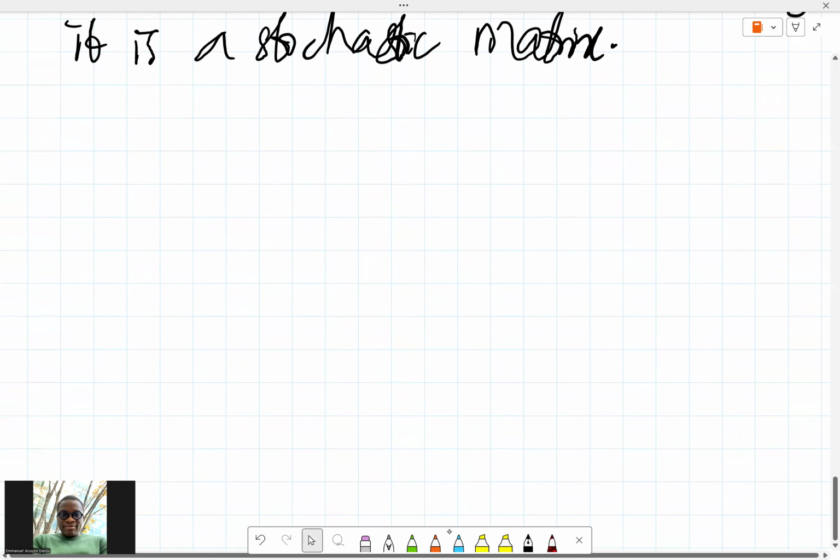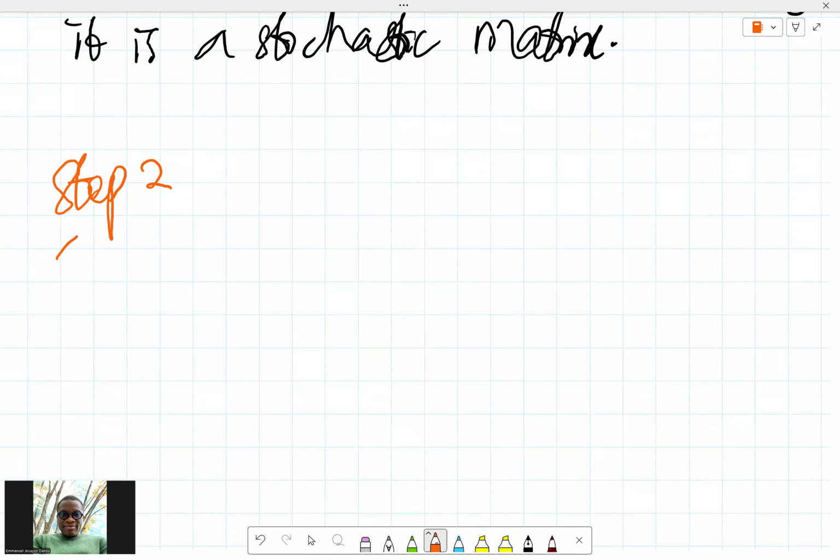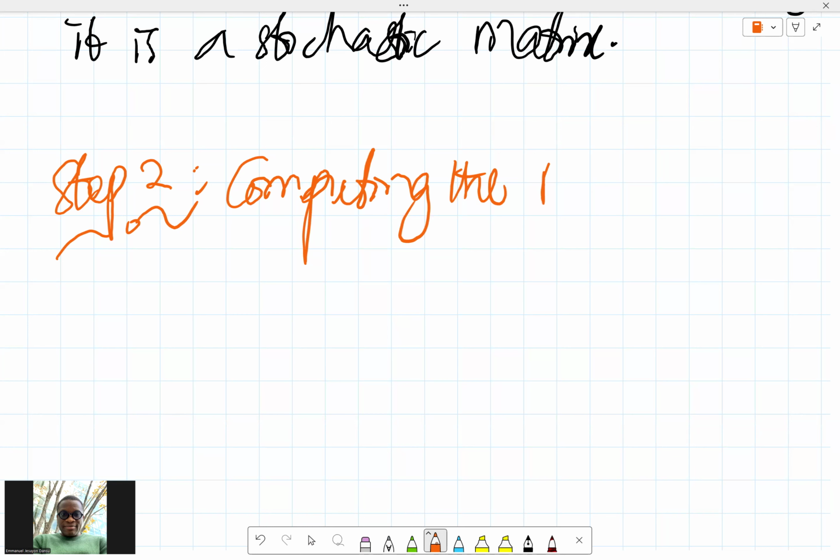So if we go for step 2, we want to compute the PageRank. Step 2, computing the PageRank vector.